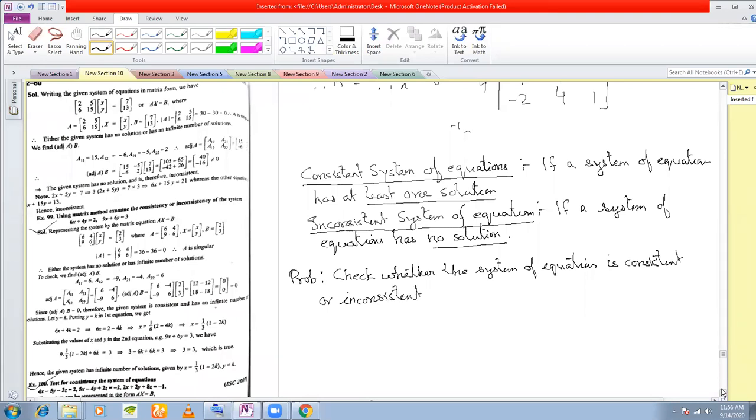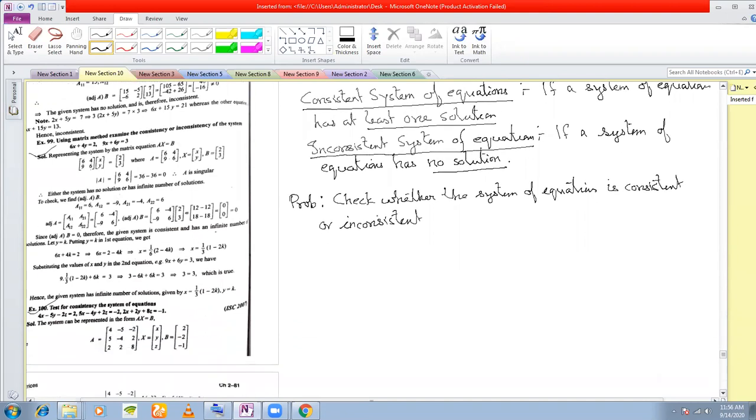You need to check whether this system is consistent or inconsistent. What is the system given to you? The system given to you is 6x plus 4y is equal to 2, 9x plus 6y is equal to 3.